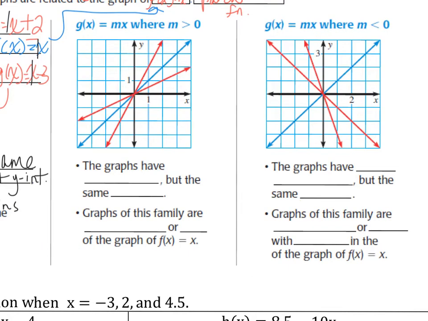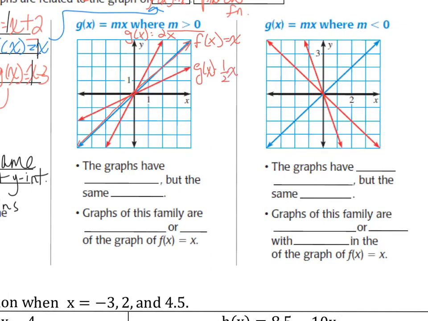And now we have the case where g of x equals mx and where the slope m is positive. I'm going to let this line here be the family parent function, f of x equals x, and this graph be g of x equals 2x, and I'm going to let this one be g of x equals half x.